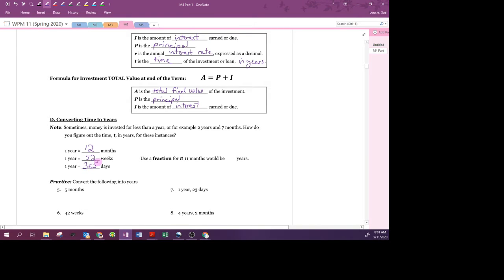So use fractions, all right? So for example, 11 months would be 11 over 12 because there are 12 months in a year and you've done 11 of those months. Okay, so pause for a moment and do these 4 conversions, and we'll check them together and then you can come back to the video.